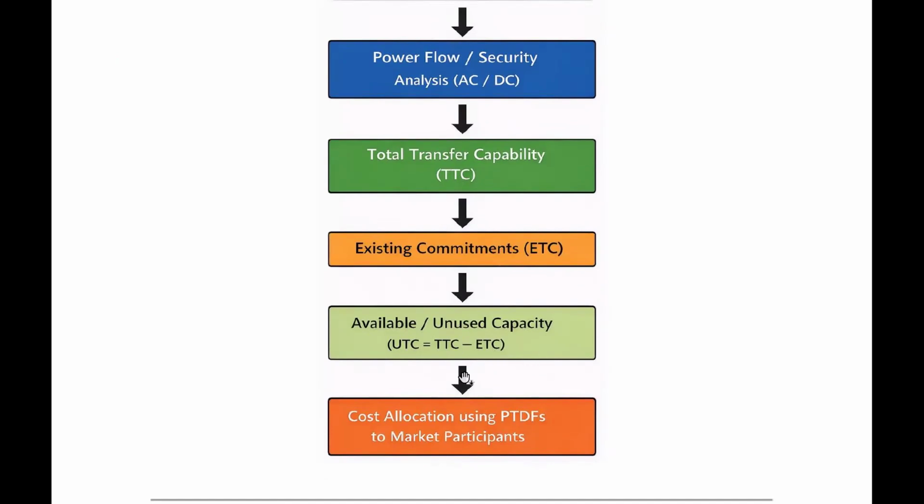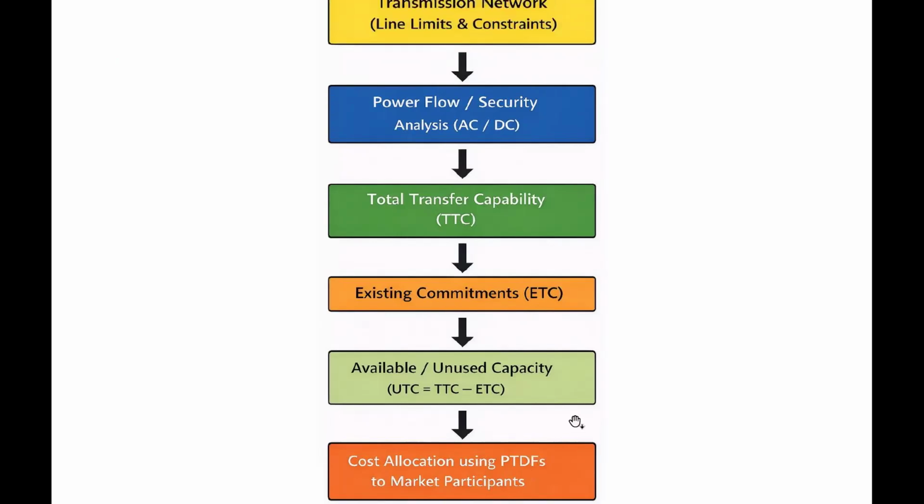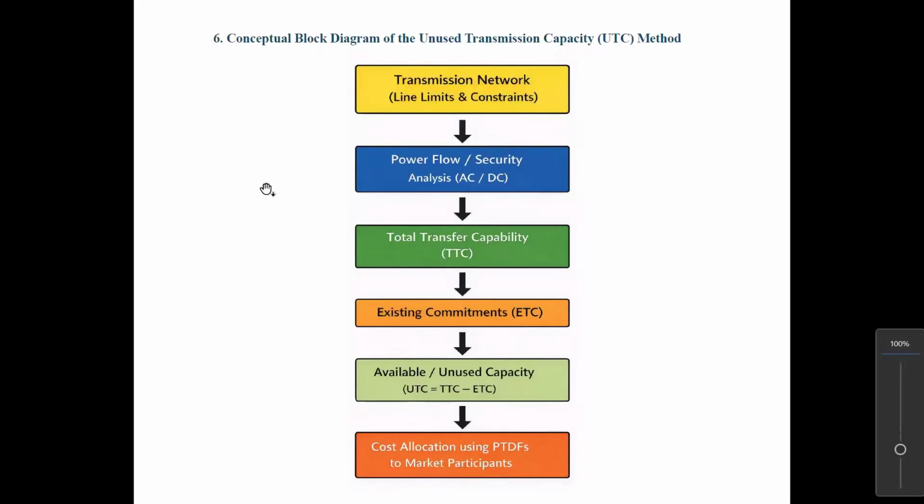That we have already seen. Now cost allocation using PTDFs to the market participants, that also we need to make. So this is the simple conceptual block diagram of unused transmission capacity, that is UTC methods.